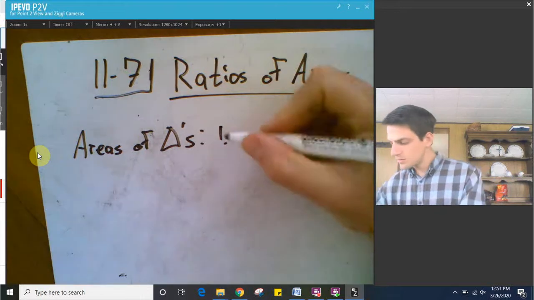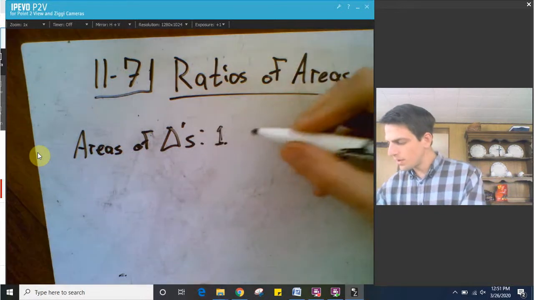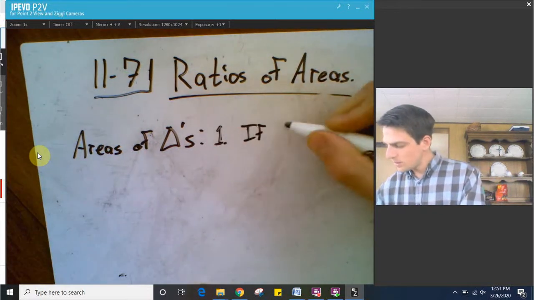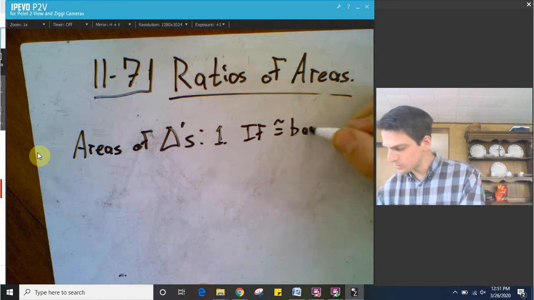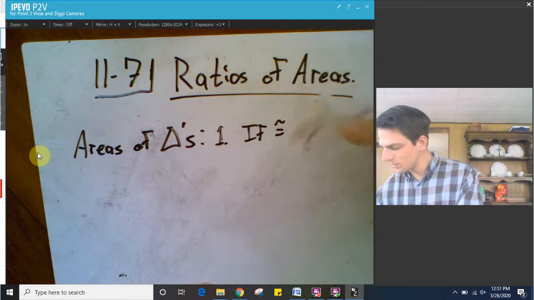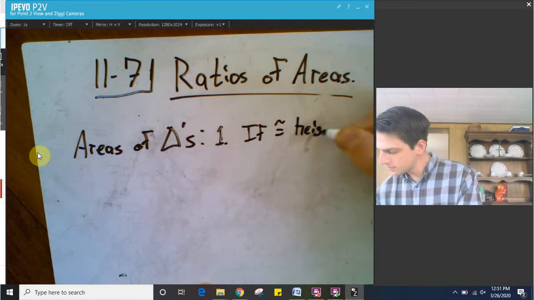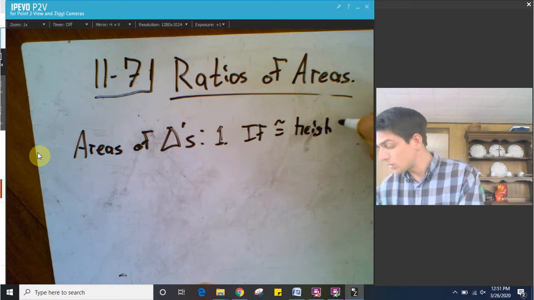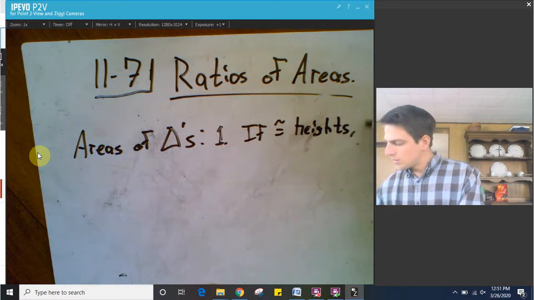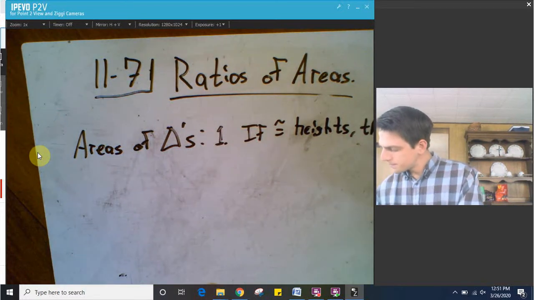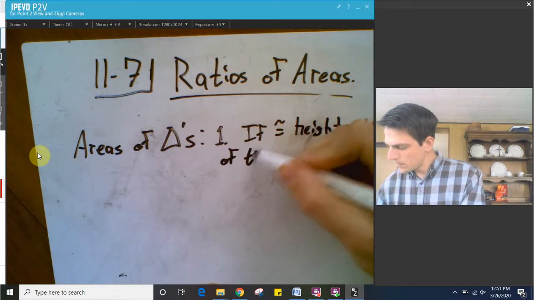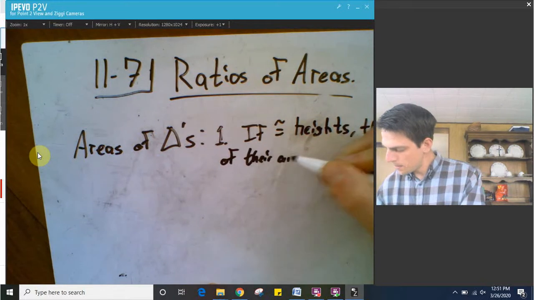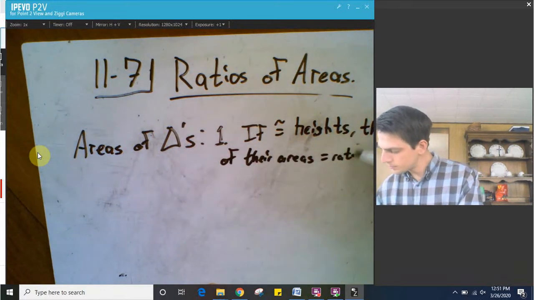areas. So number 1, if they have congruent bases, or actually the first one is height, let me go in the correct order. If they have congruent heights, so they both have a height of 3 or whatever, then the ratio of their area is equal to the ratio of their bases.